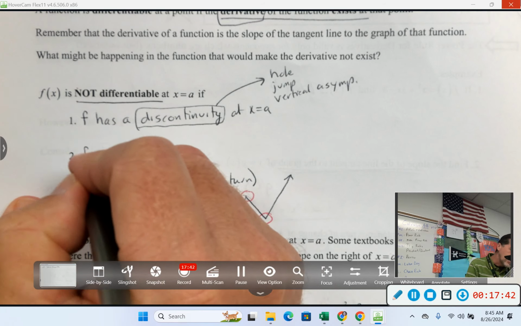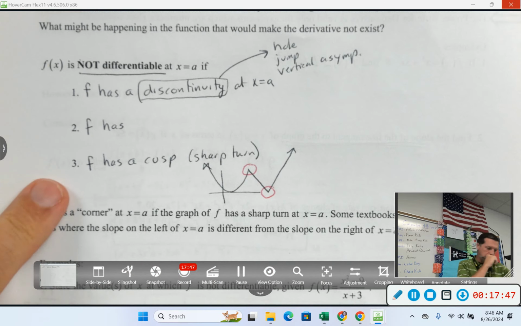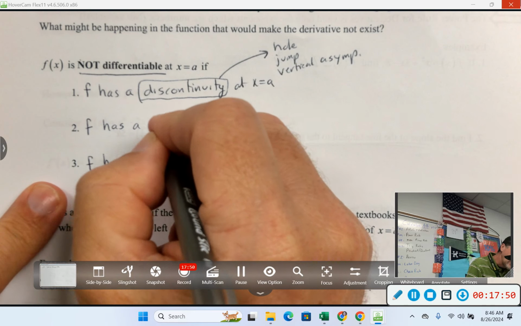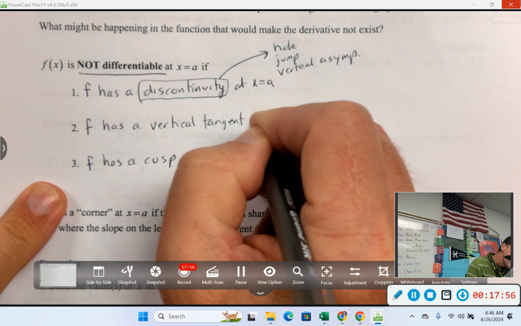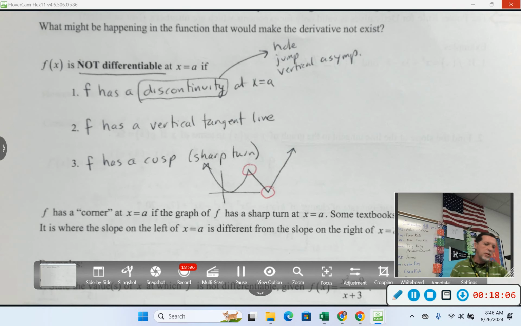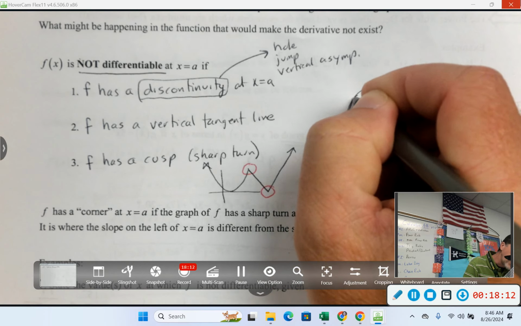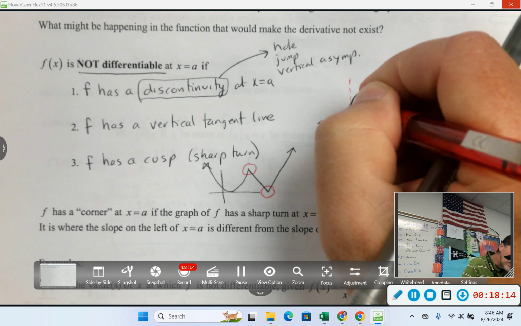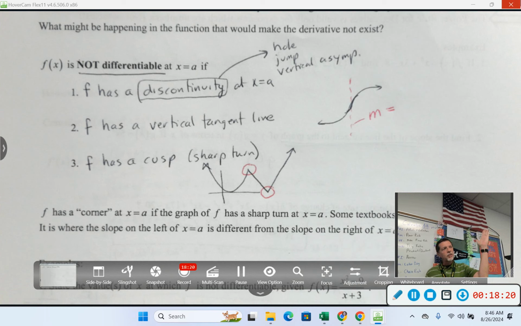Lastly, this one's, I think, the trickiest. It's not tricky when you see it, it's the one that people forget. If f has a vertical tangent line, so the other two don't have tangent lines at all. This one has a tangent line, but a vertical tangent line. That's not a good picture of the cube root graph. What's the slope of a vertical line?